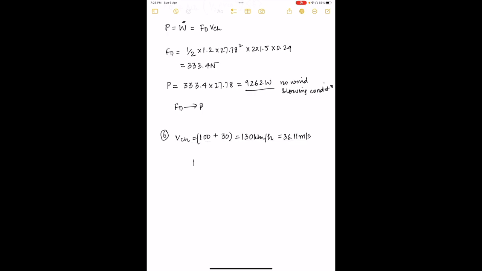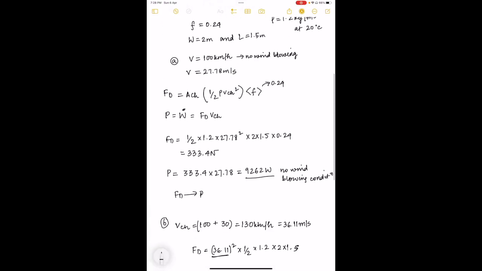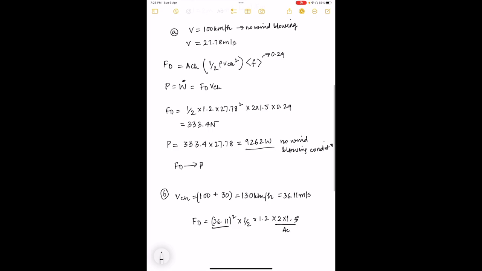So now I have to calculate FD. FD is equal to half, and we have rho 1.2 into VCH square, 36.11 square, into 2 into 1.5, that is the area ACH, into 0.24, that is the friction factor.